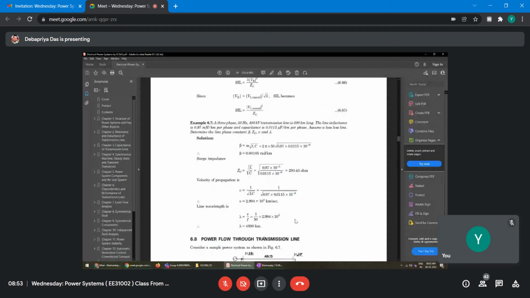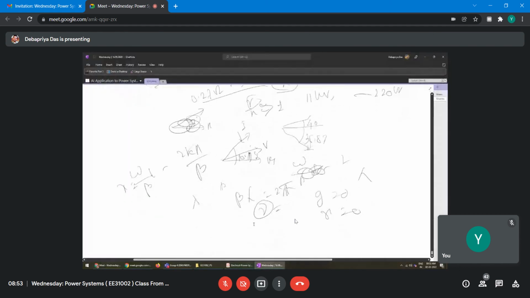And one simple example is there that we'll study. Now, the syllabus I'll mail. There are 4 TAs who will help me. I'll mail you the syllabus in detail, but I'm telling you the chapters for the first test. Chapters 1, 2, 3, 4 and 5. So characteristic of transmission line is not included in your first test.